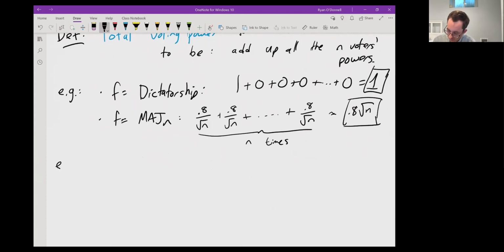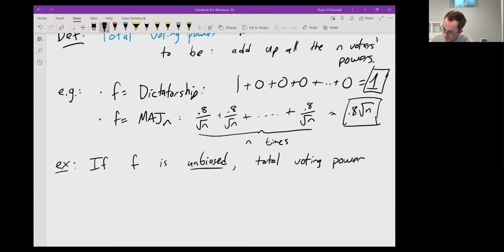Here's a fact that you can actually prove if you review this whole lecture and think about some of the things I've said. If the voting rule F is unbiased, meaning the outcome does not inherently favor either of the two outcomes, plus or minus 1, then the total voting power, this is a little mathematical theorem, is always at least 1. And actually, this proves that the dictatorship is the minimum.